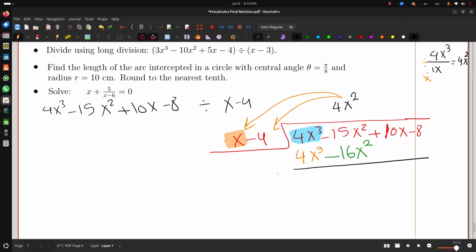So it's divide, multiply, subtract. 4x power 3 minus 4x power 3 cancelled. Negative 15 minus negative 16, you can do it with your calculator and find the answer 1, so it will be x power 2. 10x minus 0 equals 10x. Negative 8 minus 0 equals negative 8.